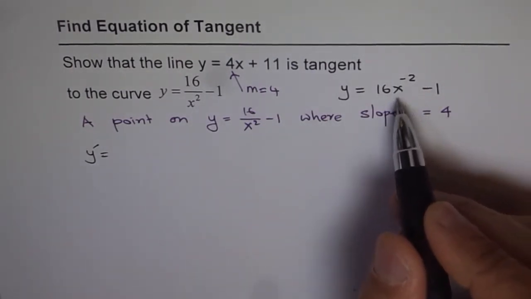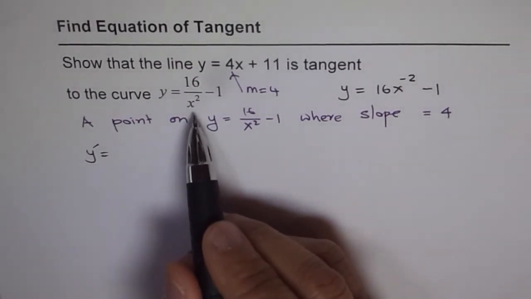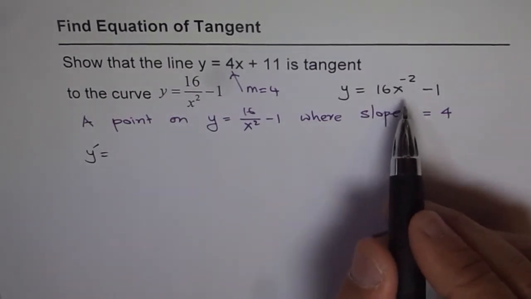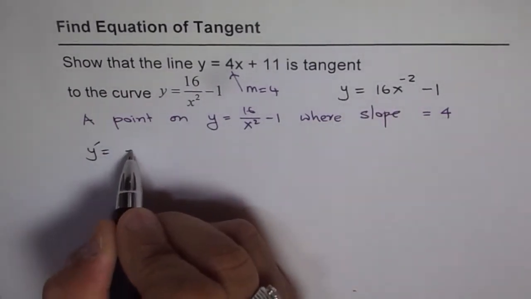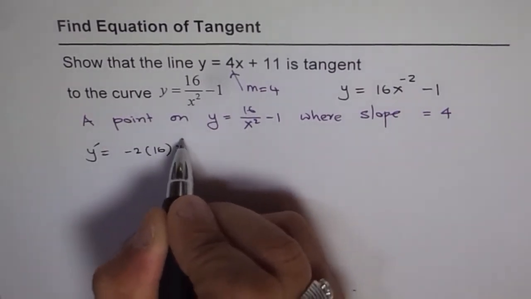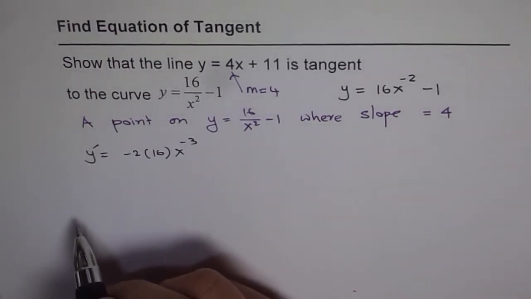Otherwise we'd have to use the quotient rule, which is difficult for such a simple question. Using the power rule, y dash equals minus 2 times 16 x to the power of minus 3. Minus 1 has slope 0, so that is the expression.